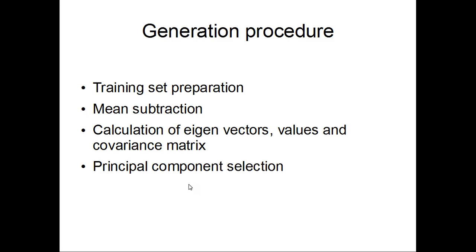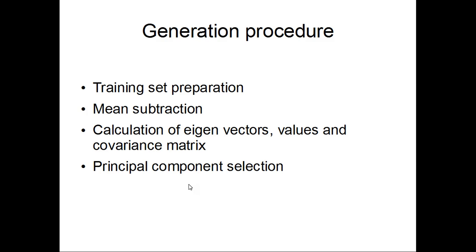Secondly, we have mean subtraction, where the average image A, which is calculated, is subtracted from each original image in T. Next, we move on to the calculation of eigenvectors, eigenvalues, and the covariance matrix. Each eigenvector has the same dimensionality as the original images, and thus can by itself be seen as an image. The eigenvectors of the covariance matrix are therefore called the eigenfaces.